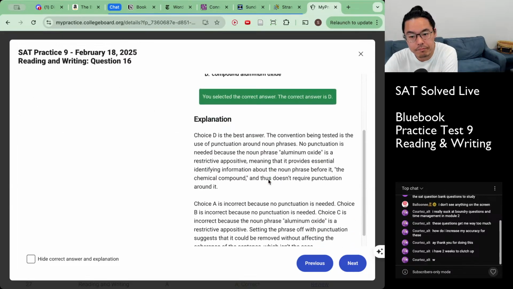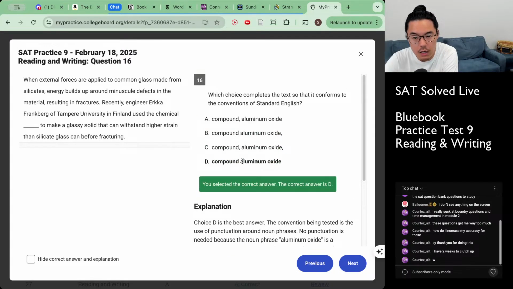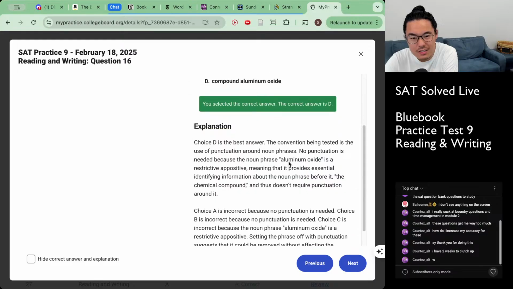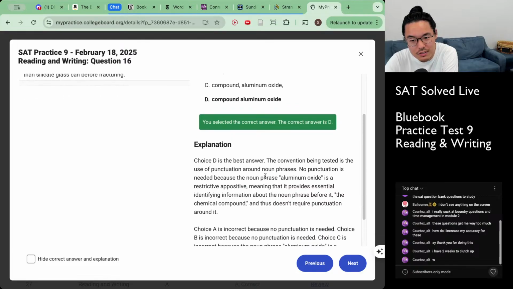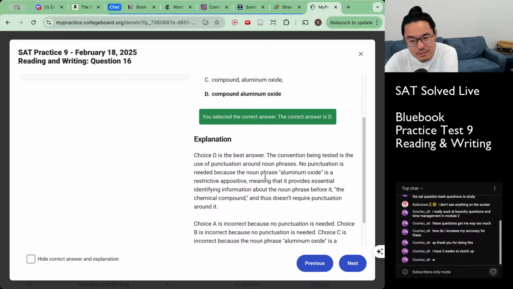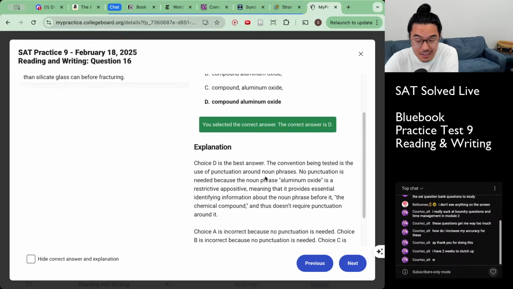But this is a restrictive. They use the word restrictive, an appositive, right? Aluminum oxide. They call that the appositive? Okay, I mean, all right, whatever.